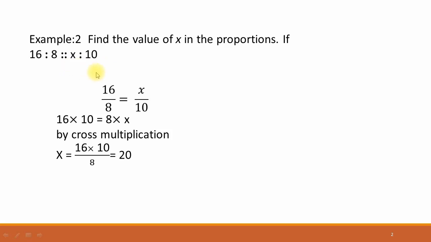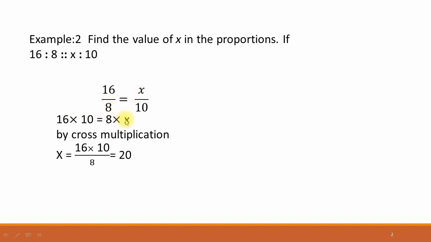So by cross multiplication and by the definition of ratio, we can write 16/8 equal to x by 10. So now by cross multiplication, 16 multiplied by 10 is equal to 8 multiplied by x.